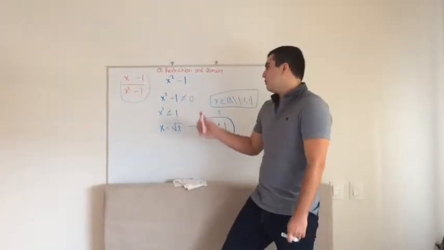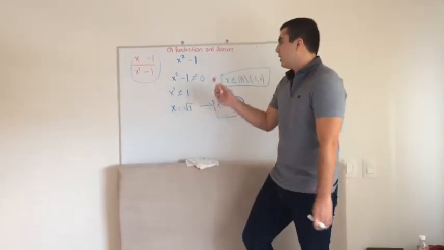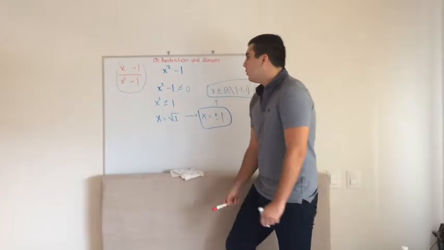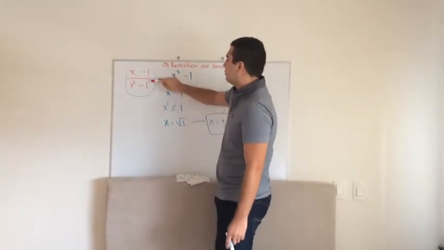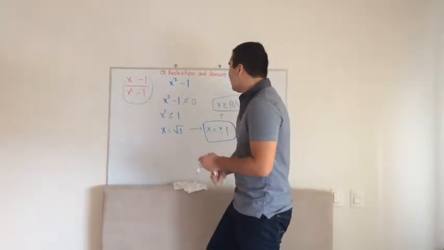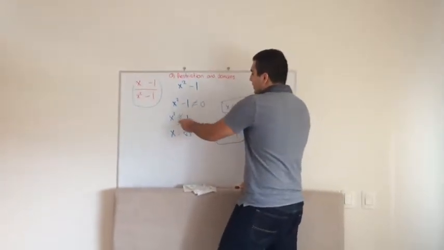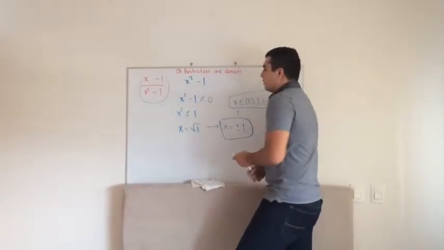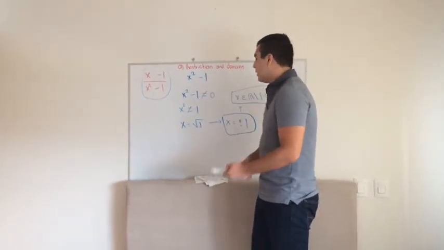So the first thing that we have to do in 10 steps is restriction and domains. That is part A. So we need to find our restriction, that is x squared minus 1, because in this part the only restriction is the one that is on the denominator. So in here we have to clear. We clear the minus 1, it goes with a positive sign, so we have x squared is not equal to 1.